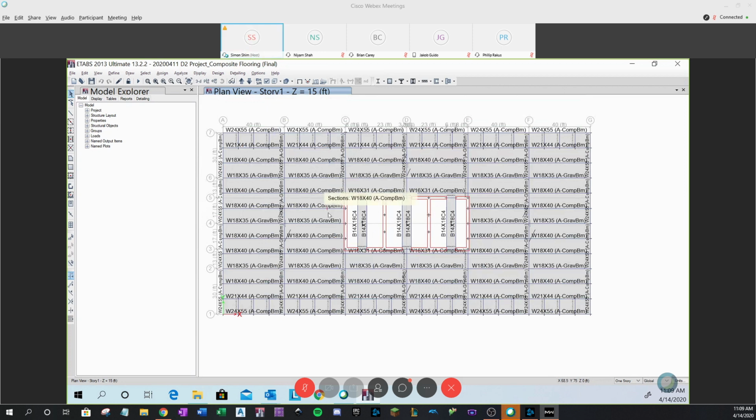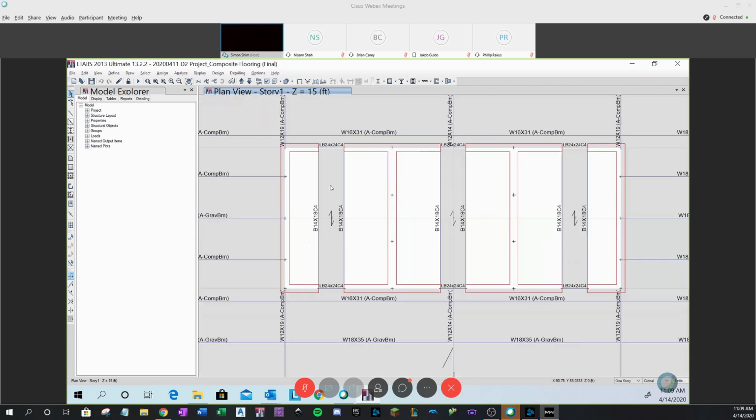But your question is about this corridor slab, because it's not like the metal deck. This is just a one-way concrete slab. I think this is something more related to the load directions.